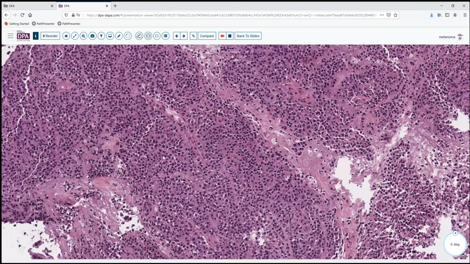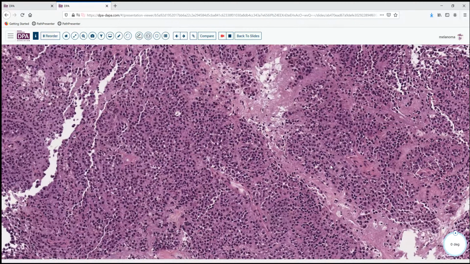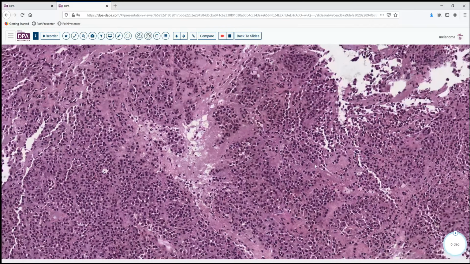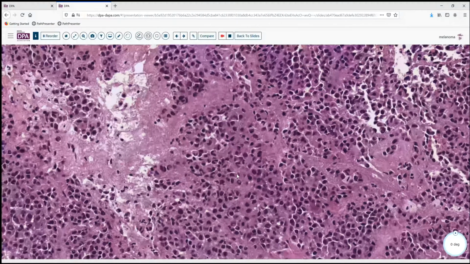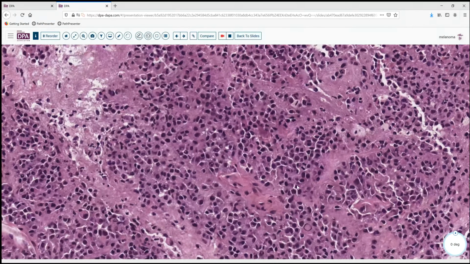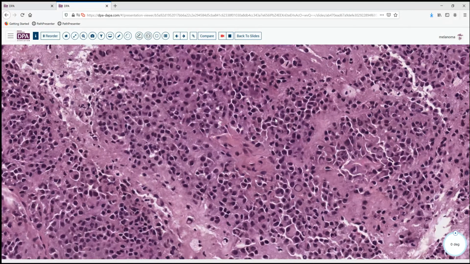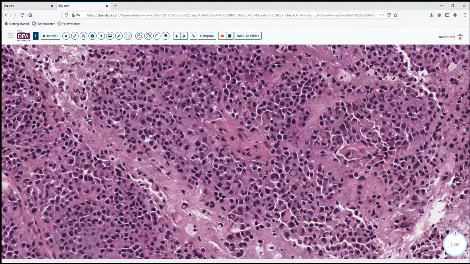It doesn't seem to be making keratin pearls or anything of that sort. We have a little bit of necrotic destructive tissue in between. The cells have a bit of a plasmacytoid appearance, although there's a fair degree of pleomorphism with this. So they're not really classic plasmacytoid cells.